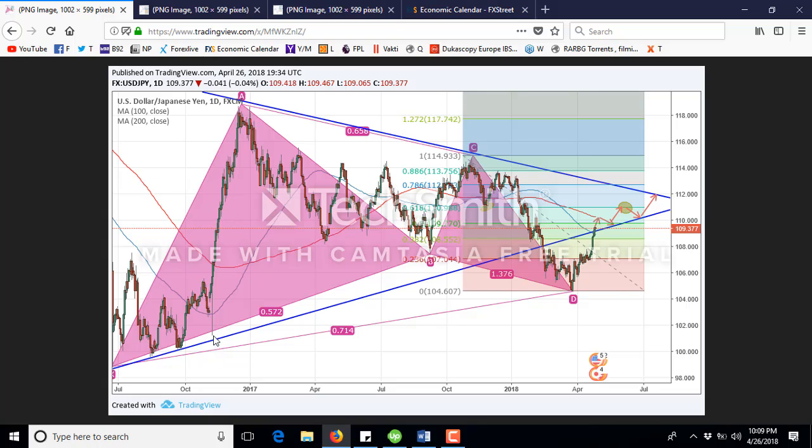But if you look at the correction of this huge leg, we are talking about 1,000 pips, and a correction of 200 pips. So it's not even a correction, it's more consolidation until we go all the way to 180. And this is always a drastic move, but this is what the dollar yen does very often. It goes straight up without retracing like other pairs, like 38, 50, 61.